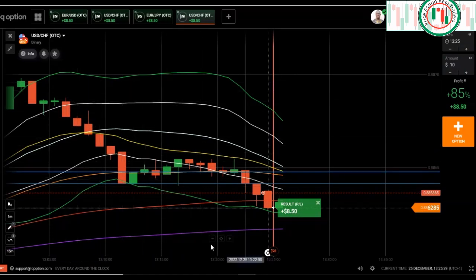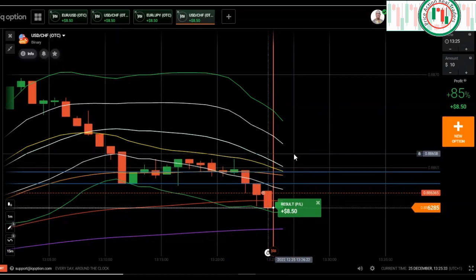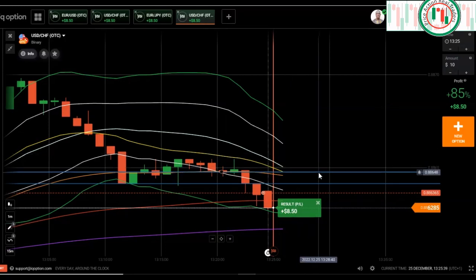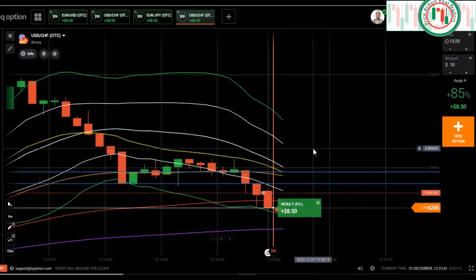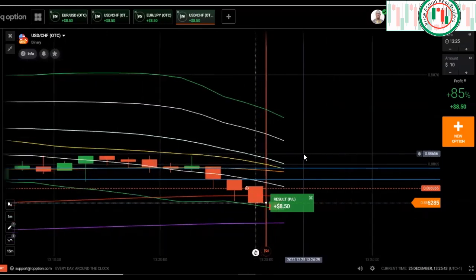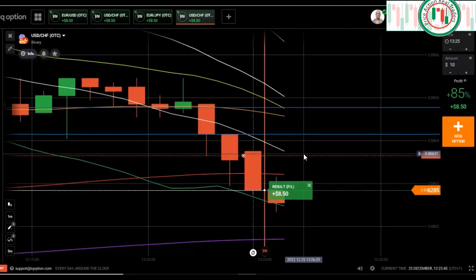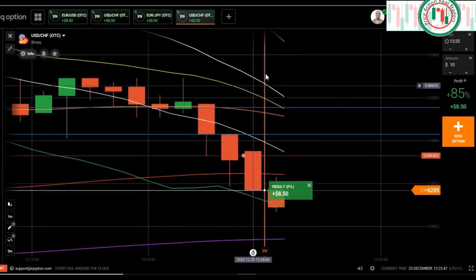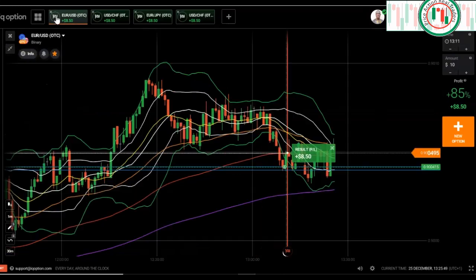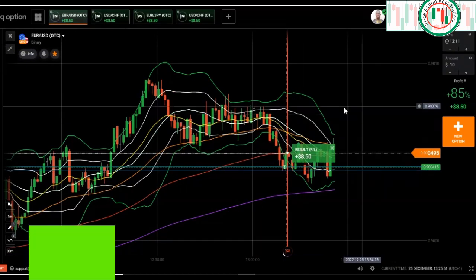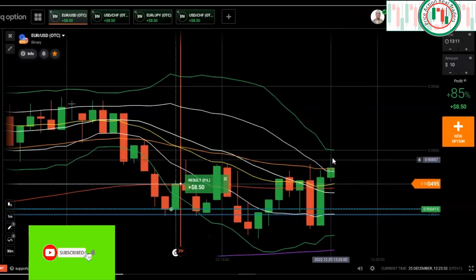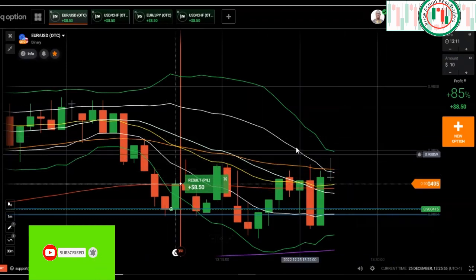If you are trading with market analysis, you are trading with a combination of all EMAs, support and resistance, trend lines, Bollinger, and even candlestick patterns, and try to figure out the good opportunity and trade. So it's very, very simple if you are able to identify the ranging market and strong trend.